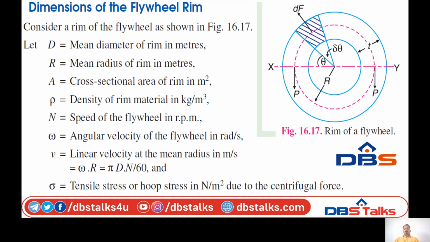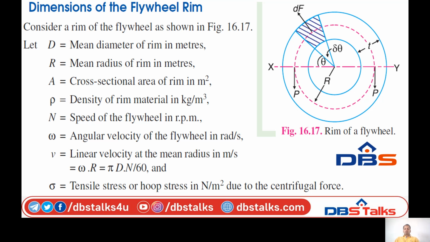So omega into capital R gives the linear velocity.